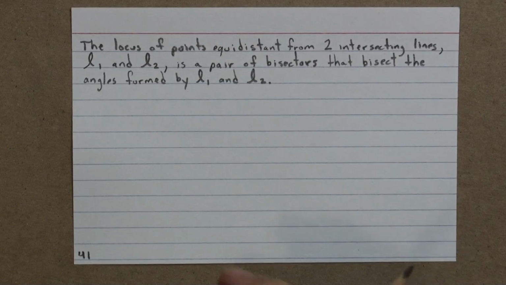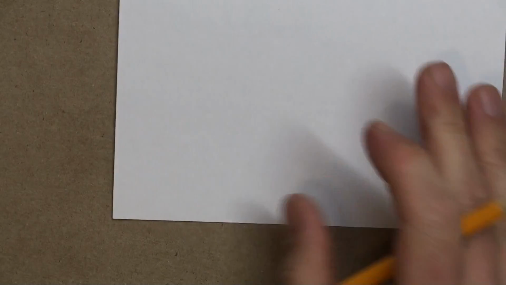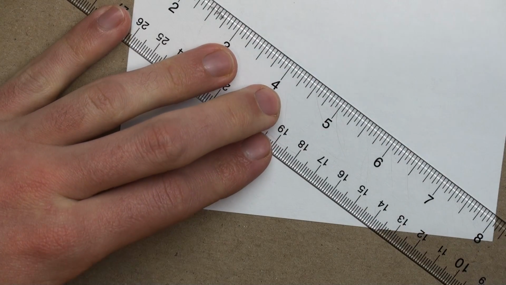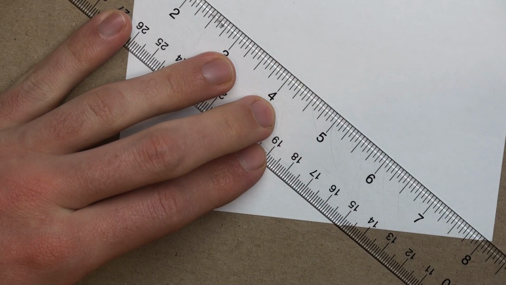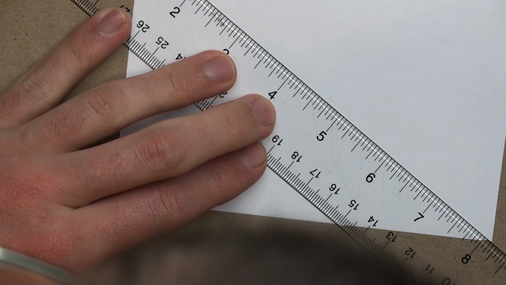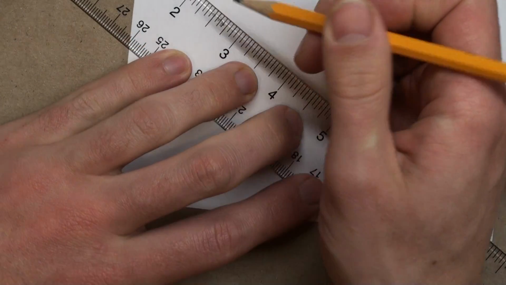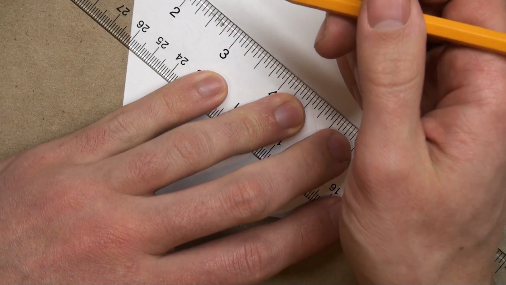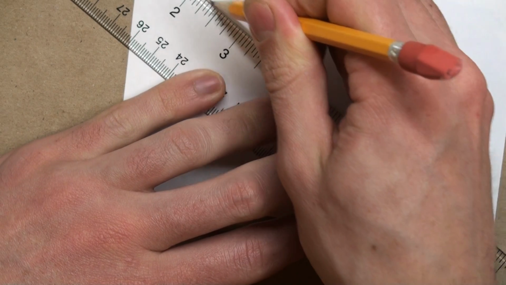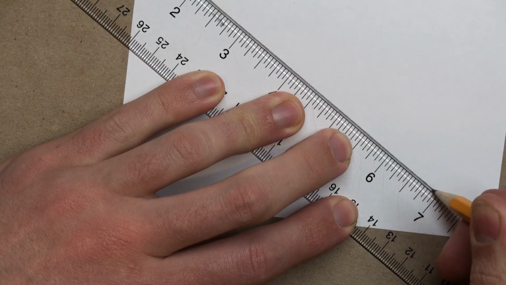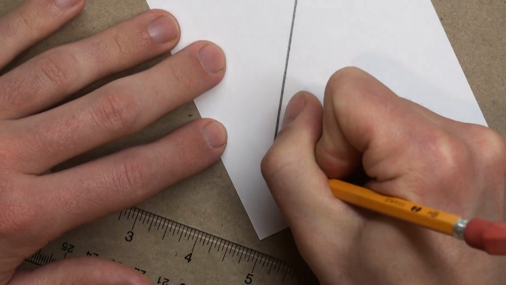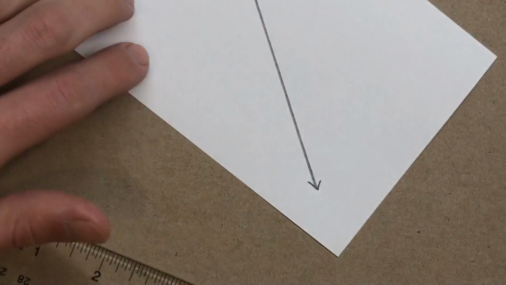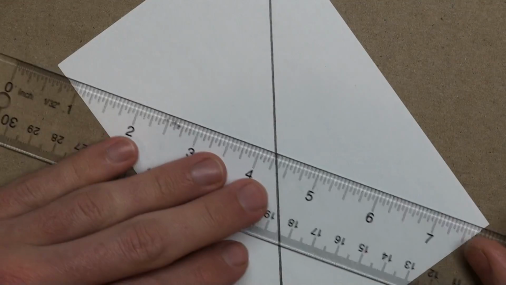Okay, let's draw a picture of that. So here's what we have going on. I'm going to draw two lines, these are going to be my L1 and L2 lines.